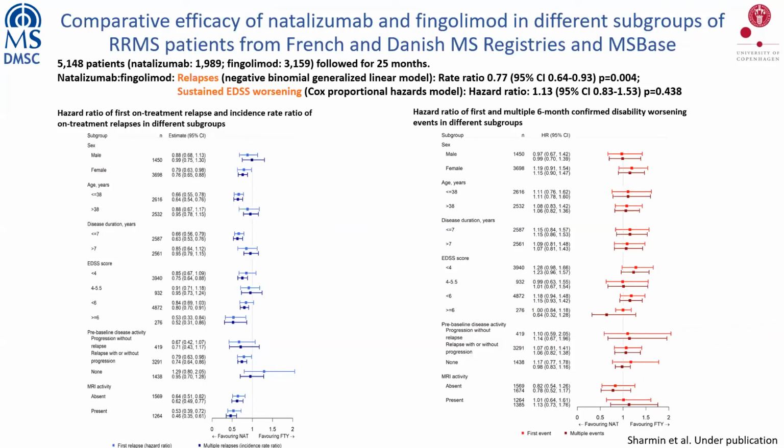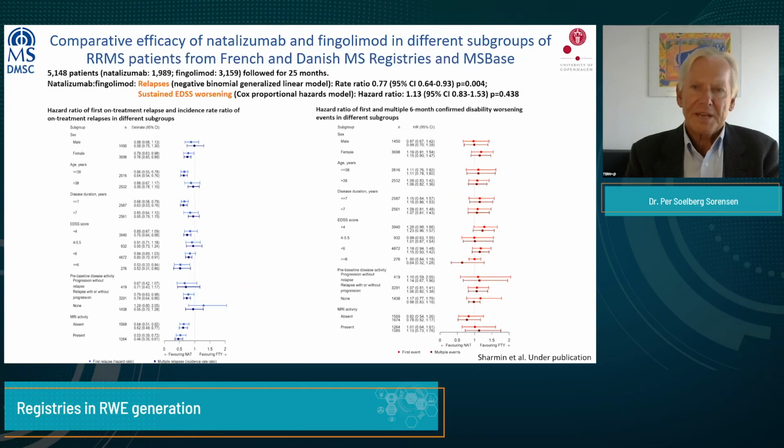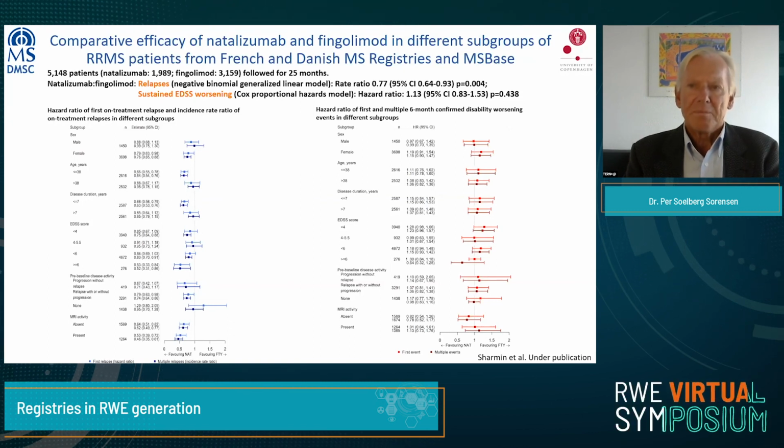So in all, 5,148 patients were followed for 25 months. And we looked at, for relapses, the natalizumab fingolimod ratio was 0.77, meaning a significant 23% reduction in relapses with natalizumab compared to fingolimod, whereas there was no difference in the sustained EDSS worsening.